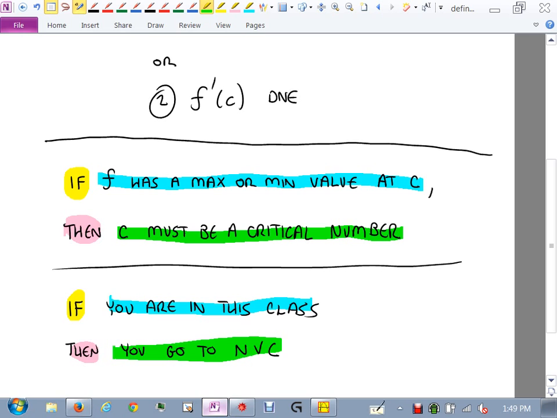Can you read these the other way around is what I'm getting at. Can you change the order and it still be true? No. If you go to Northwest Vista College, then you are in this class? Does not work that way, right? The other way around does. If you're in this class, you must go to Northwest Vista College. The same thing is true for this statement, and this happens all throughout mathematics.